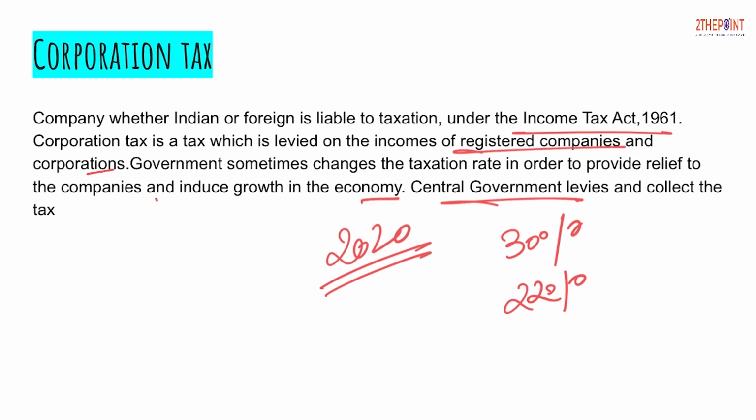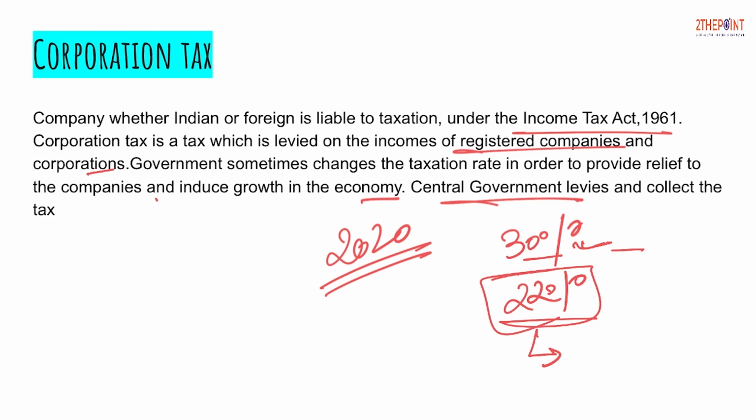As you know, there was a lockdown for a good 5 months, and there was a recession in the economy, due to which there was a slowdown in the production process, and in order to bring the economy back on the growth trajectory, the corporate tax rate was reduced from 30% to 22%, and this will allow the company to have more cash. Why? Because earlier 30% of income was collected as tax, now it is just 22%.